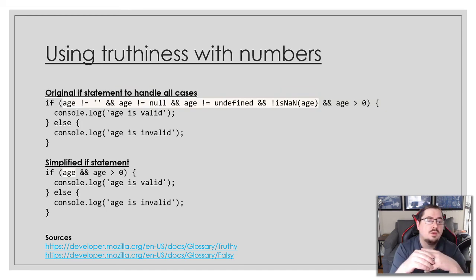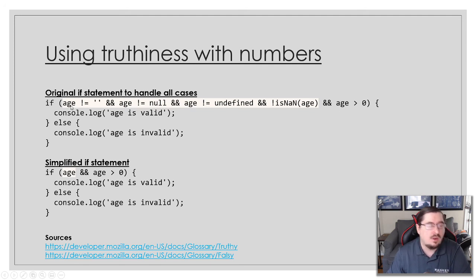Okay. Now, we can use the fact that there's this idea of truthiness and falsiness, truthy and falsy, to really clean up a lot of our validation checks. So if I was going to write out everything explicitly, and I want to say, is your age valid? I might have to write out quite a bit of code.